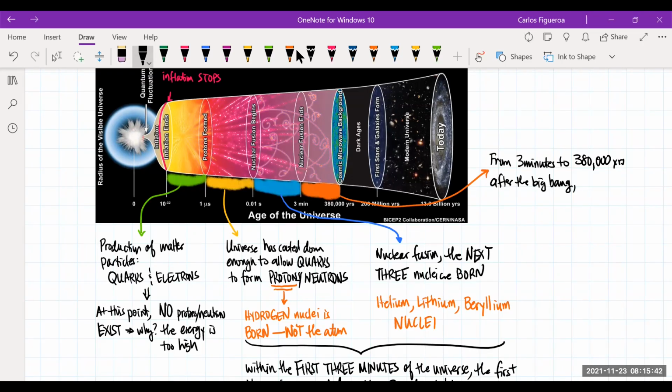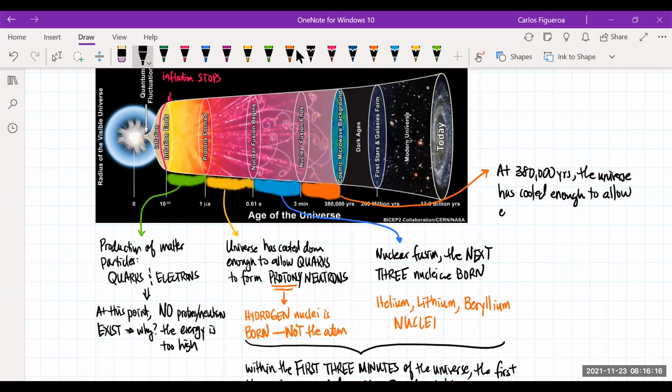At 380,000 years, the universe has cooled enough to allow electrons to attach to hydrogen, helium, lithium, and beryllium. The first four atoms are born.